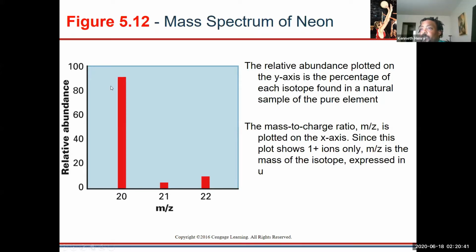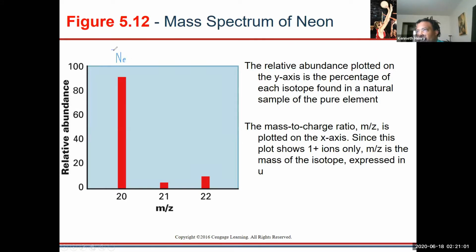So if you look at this, this basically shows you the relative abundance of neon. So this is neon 20, this is neon 21, and this is neon 22. So let me write that down so you can see what I'm talking about.